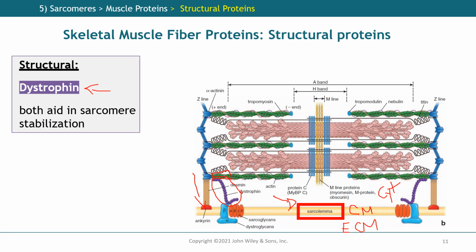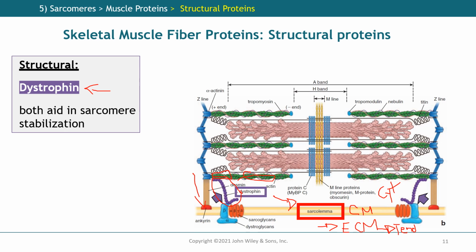So it attaches the thin filament and allows it to communicate with the connective tissue here in the ECM and later to the tendons that are going to be attached to the bones. Okay, so it allows all these connections.